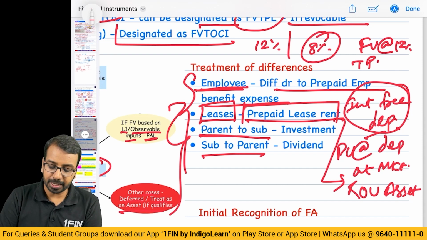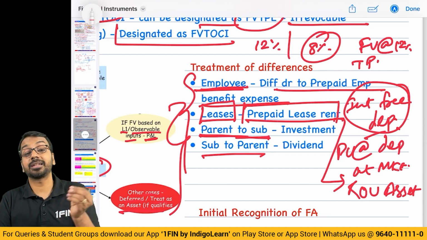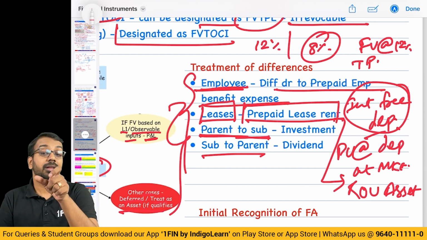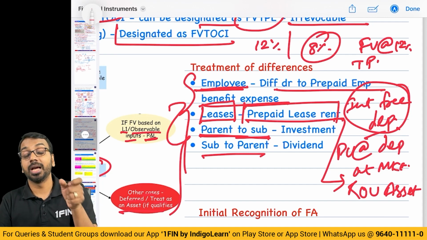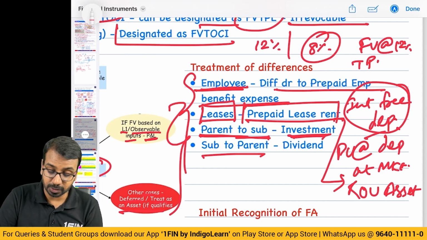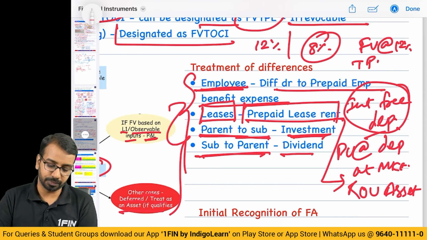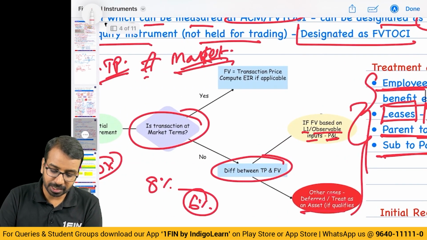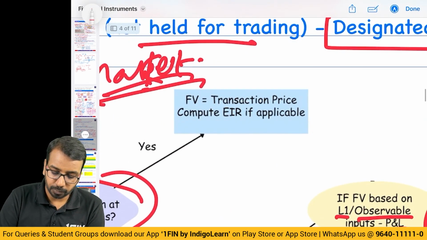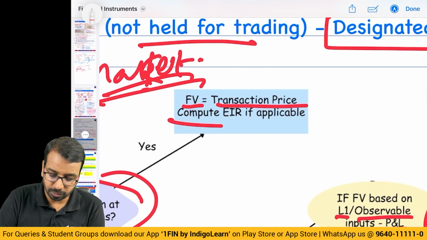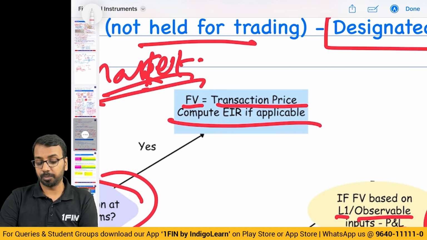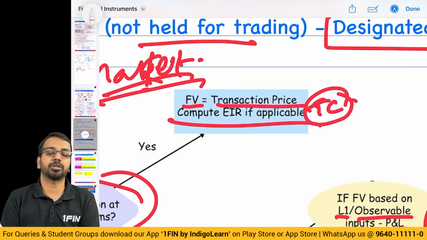Then parent to subsidiary. If the parent has given a discounted loan to the subsidiary, the difference between the fair value of the loan and the actual loan given is treated as investment, and if the subsidiary gives to the parent, then it is considered as a part of dividend. Whereas, if the transaction is at market terms, then the fair value is the transaction price and you will compute EIR, if at all you need to compute EIR because of the transaction cost.